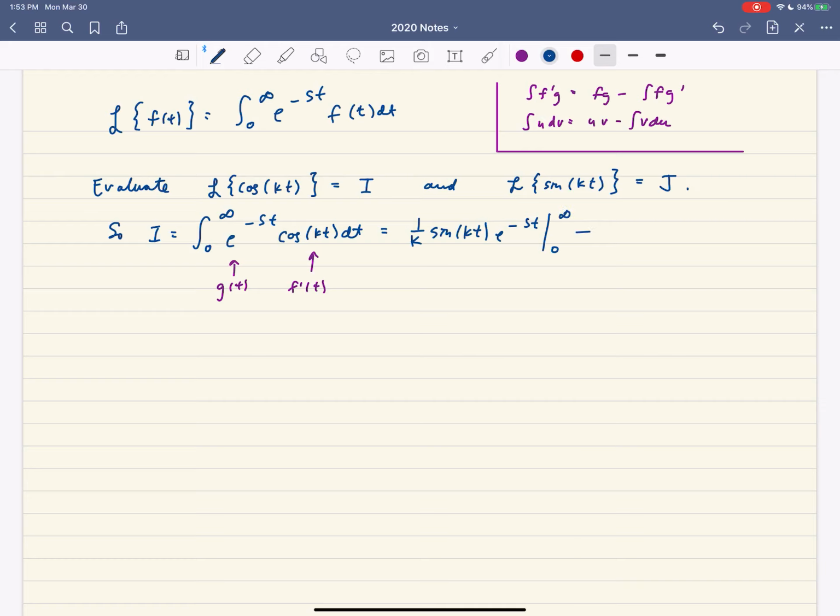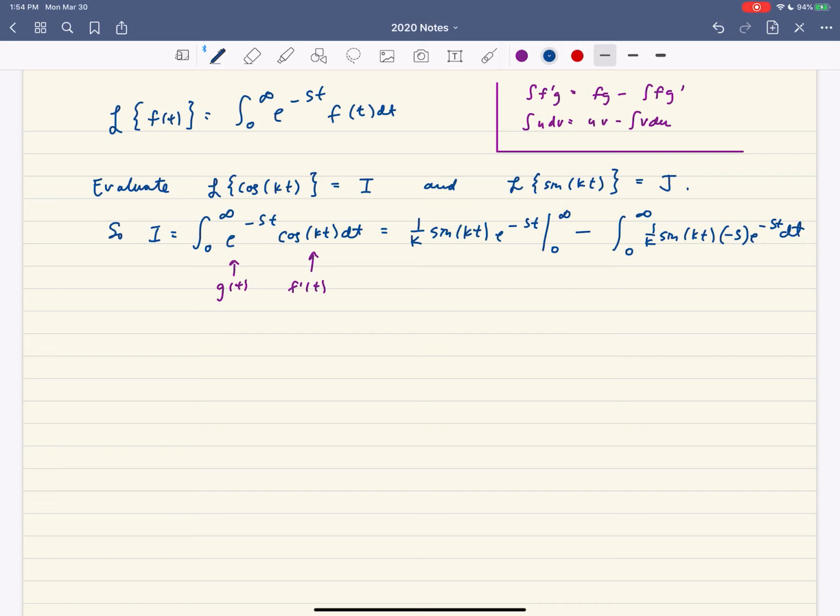And then this is going to be minus the integral from 0 to infinity of f times g prime. So our f is again 1 over k sine of kt, times the derivative of g with respect to t. So we're going to end up with minus s e to the minus st dt.